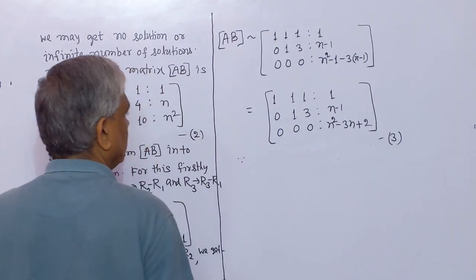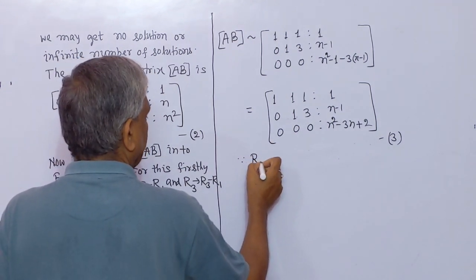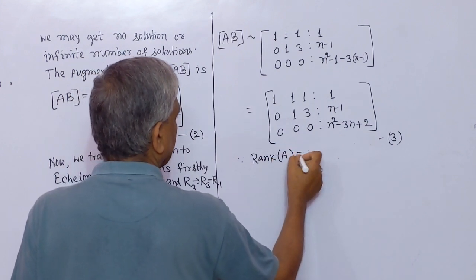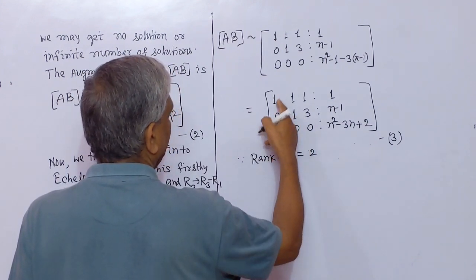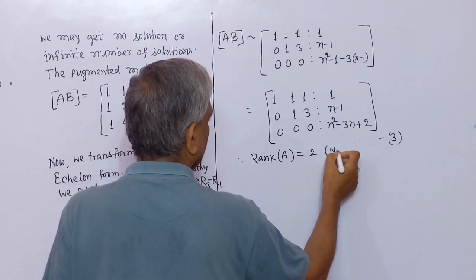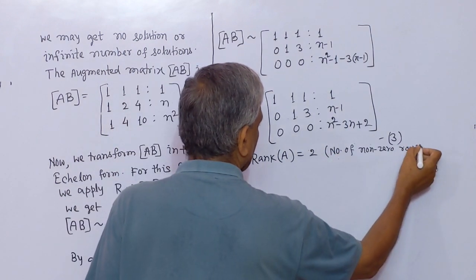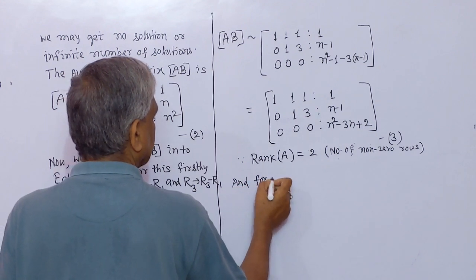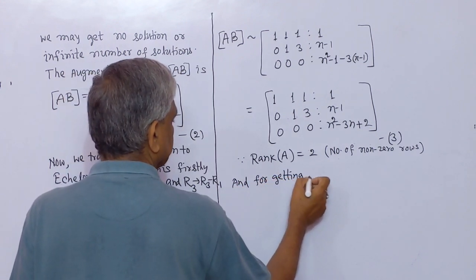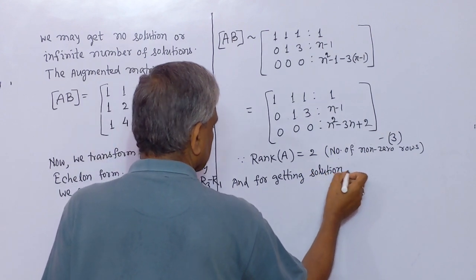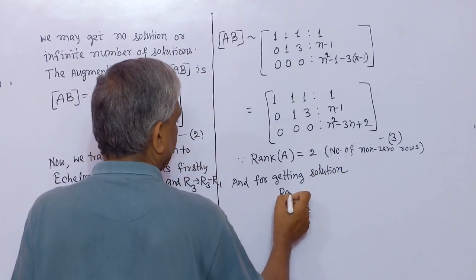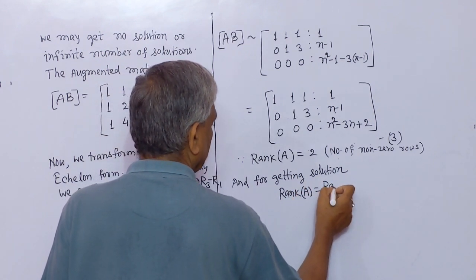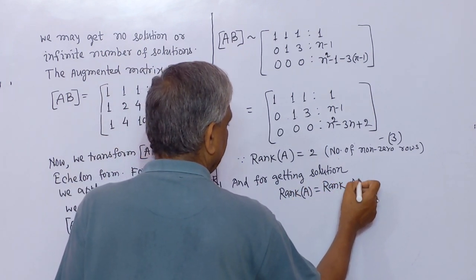Since the rank of the coefficient matrix, rank of A, is equal to 2, the number of non-zero rows, and for getting a solution, the rank of the coefficient matrix must equal the rank of the augmented matrix.